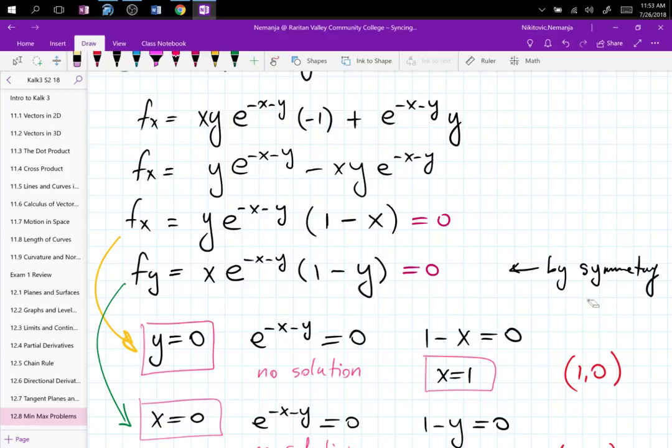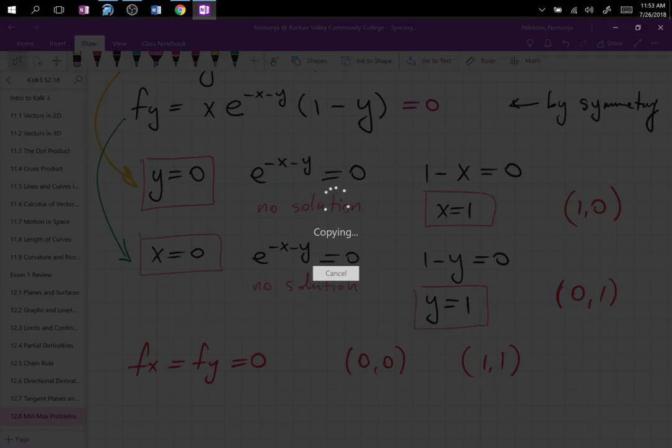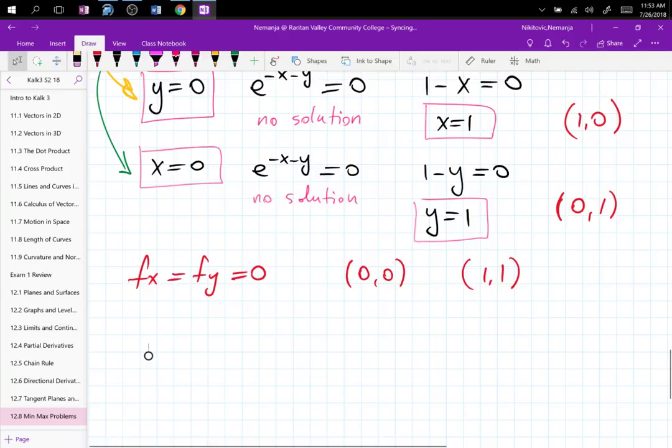So we are going to go here. I'm going to rewrite this equation and then work on the second derivative.